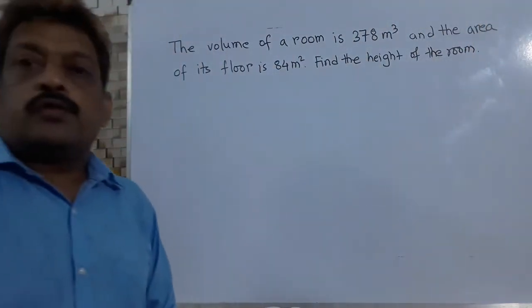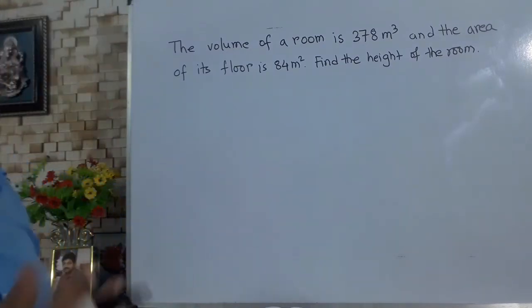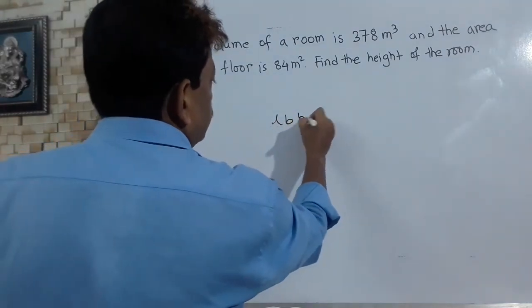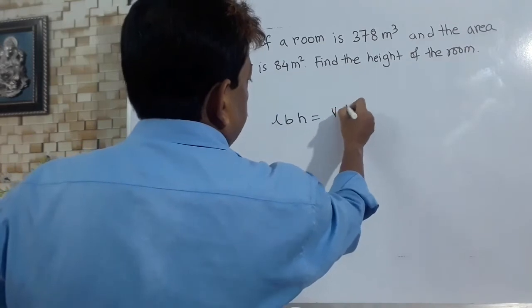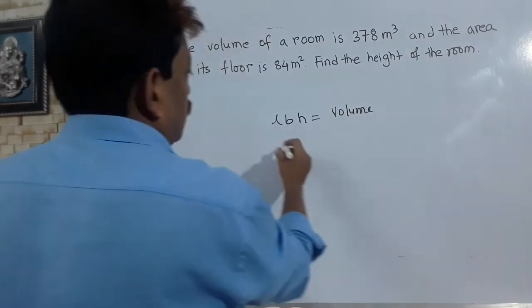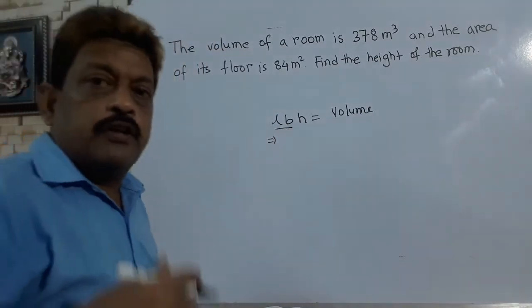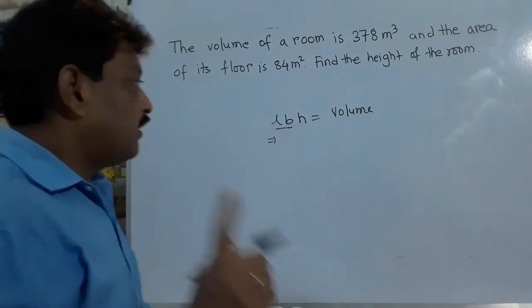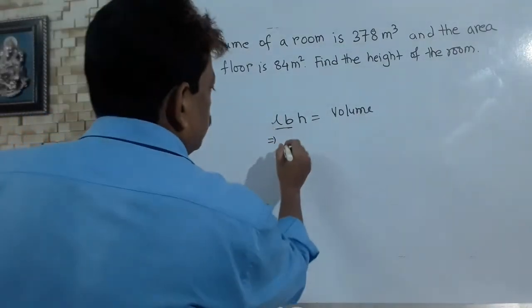Okay, so here also the room is considered as a cuboid. Now when we are using the formula L into B into H equals volume, then this L into B, you all know, you have learnt in lower classes also, L into B means the area of rectangle, or it can be square also, length into breadth.